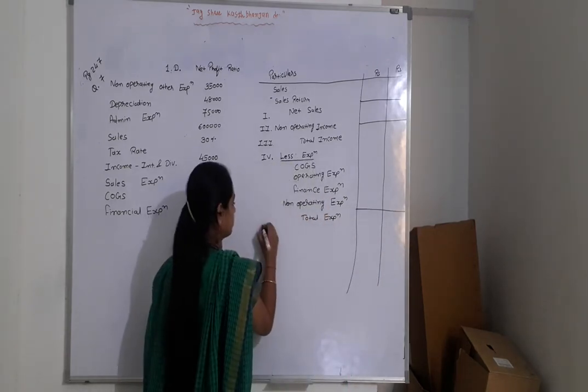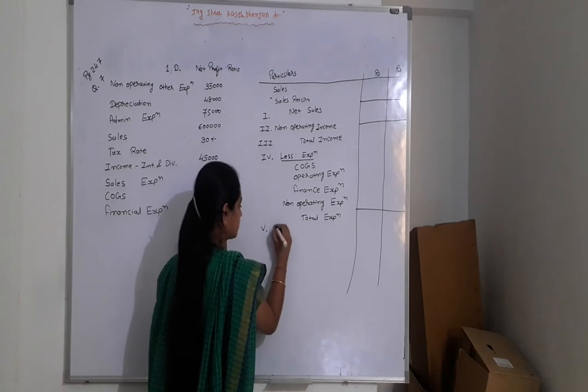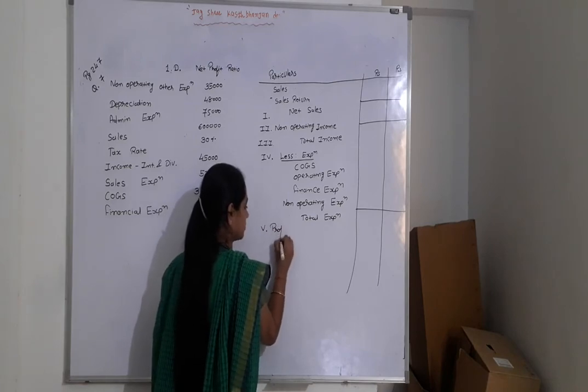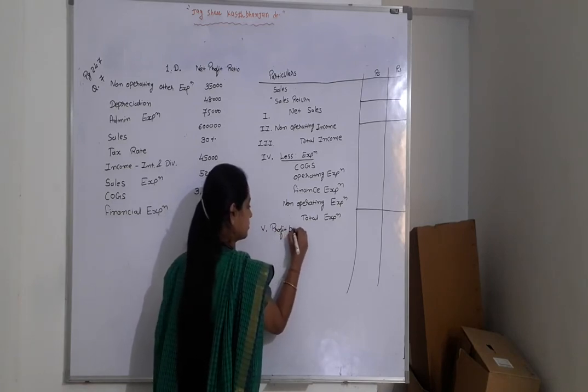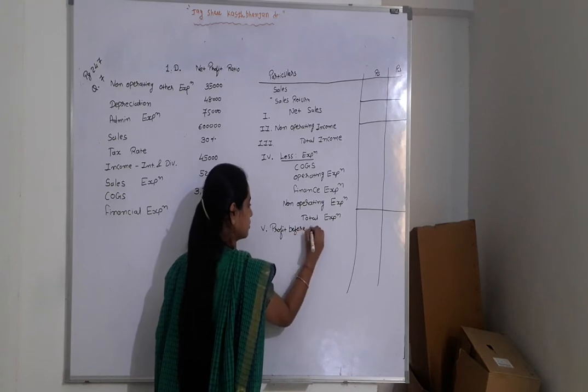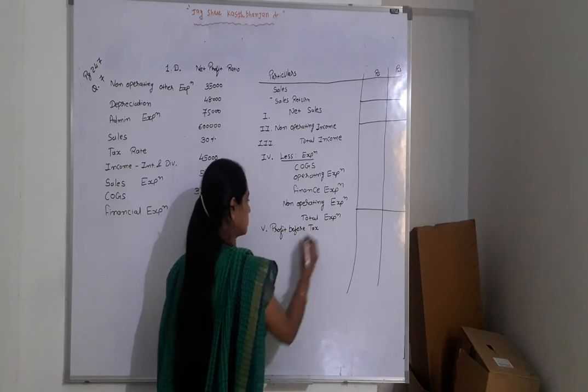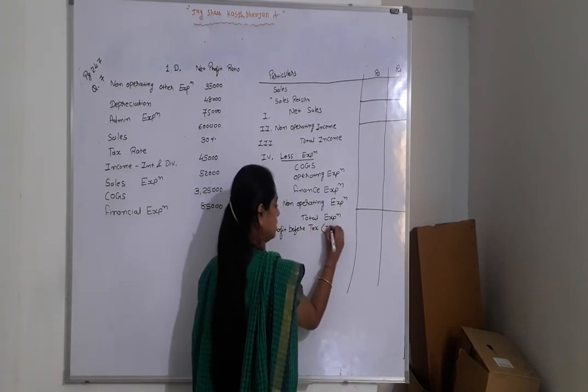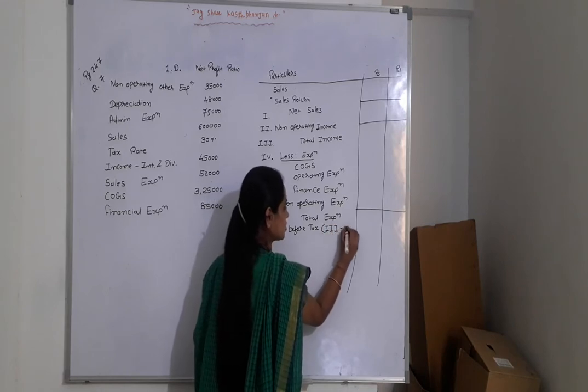Then fifth, profit before tax, 3 minus 4.